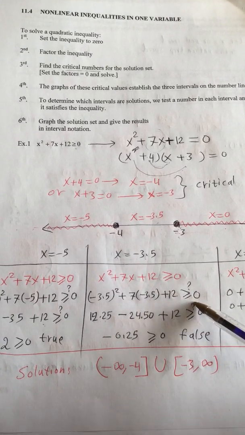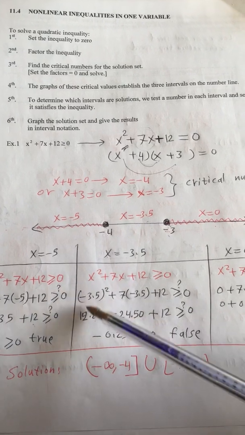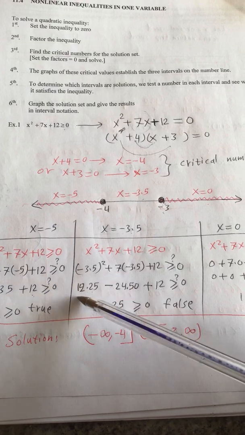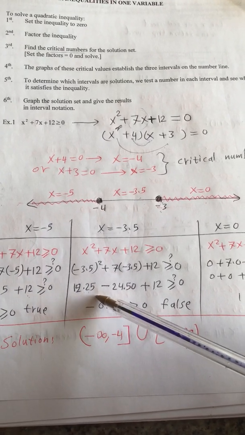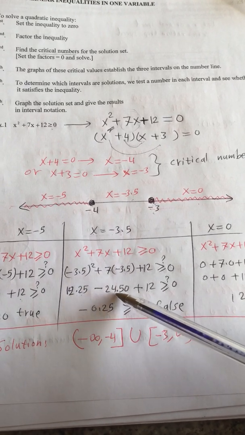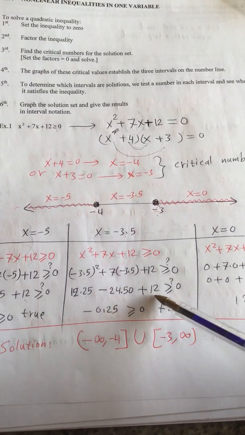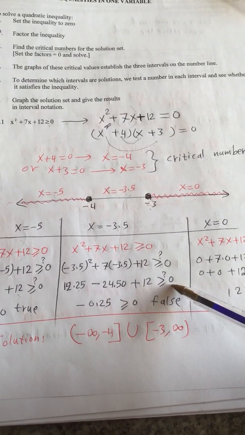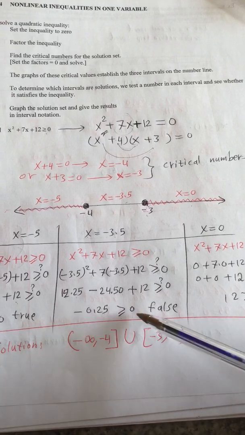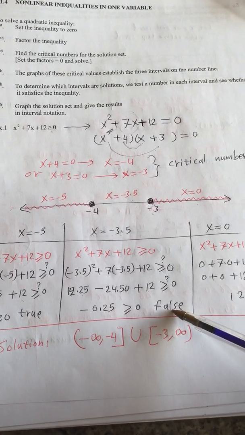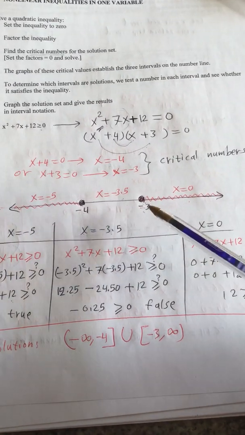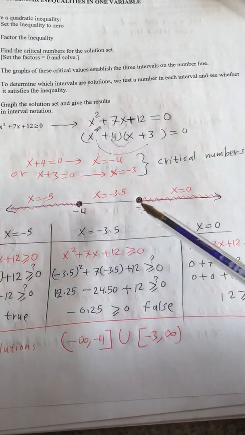Is it greater than or equal to 0? If we multiply negative 3.5 by itself, we get positive 12.25. Then 7 times negative 3.5 equals negative 24.50, plus 12. We get a negative number greater than 0, which is a false statement. So this interval, from negative 4 to negative 3, is not a solution.